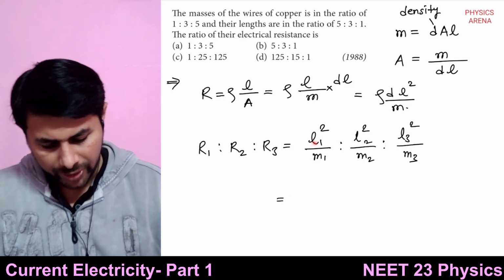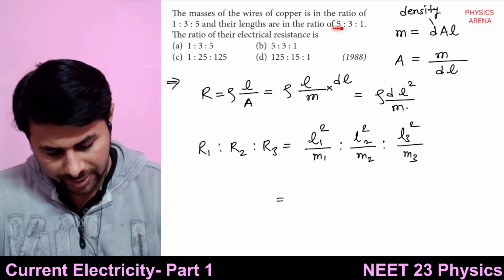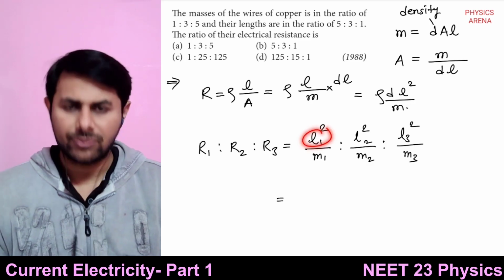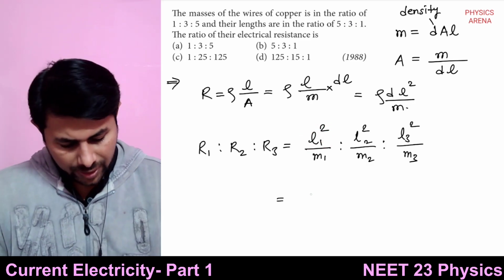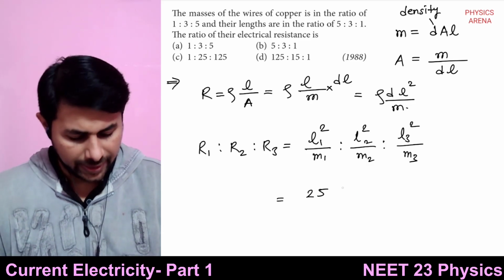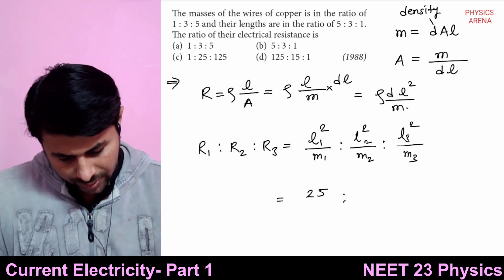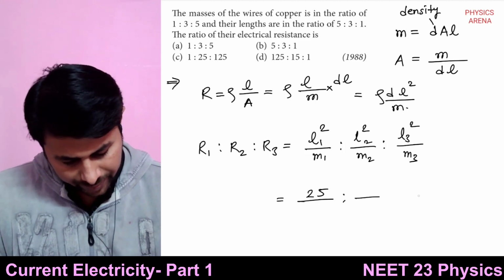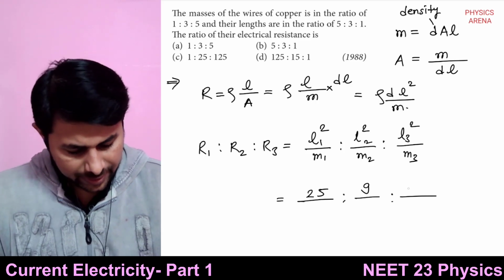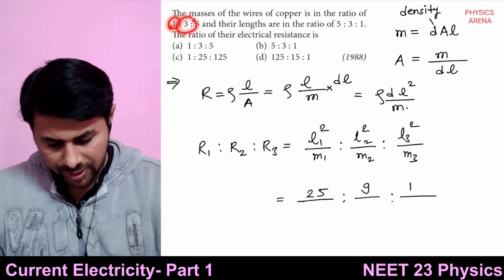The ratio of lengths is 5 is to 3 is to 1, and we have the square of that, so it will be 25 is to 9 is to 1. The ratio of masses is 1 is to 3 is to 5.